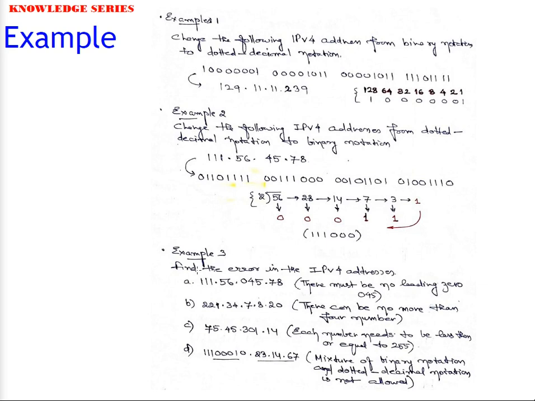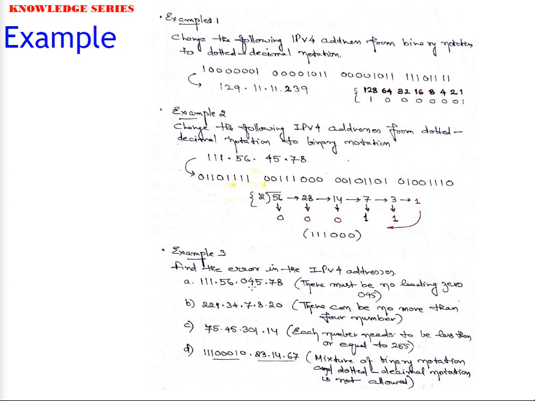Here there is an IP shown like this. Find the error. In this IP, any section which shows a 0 at the start is a wrong way of representation.